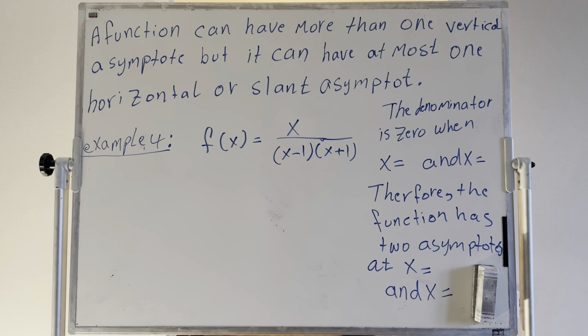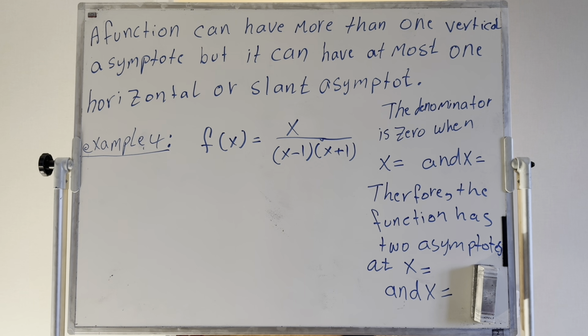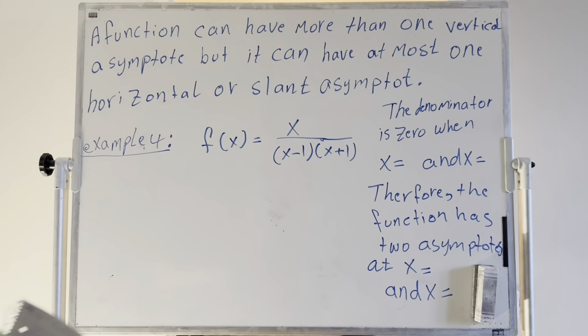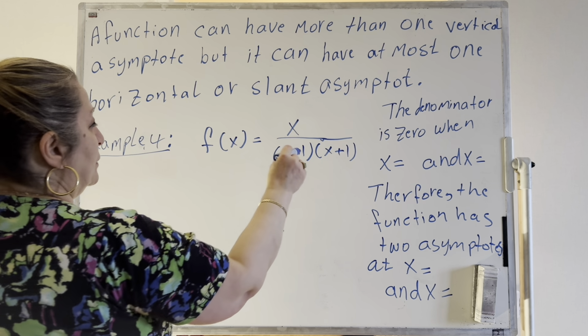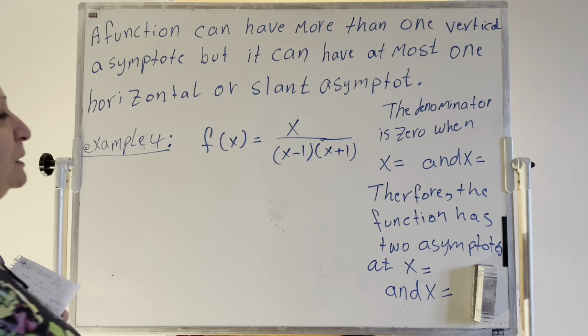A function can have more than one vertical asymptote, but it can have at most one horizontal or slant asymptote. Example 4. F of x equals x over x minus 1 times x plus 1.